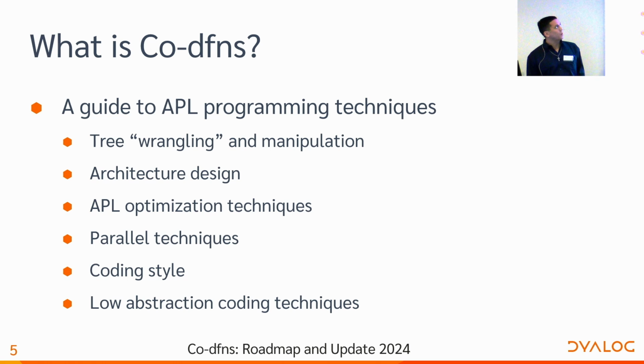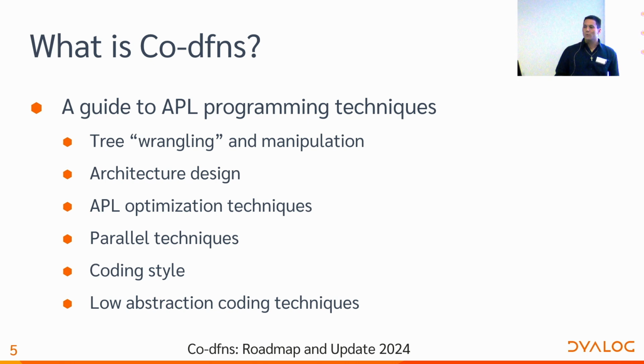For instance, it's probably the largest application heavily using this set of tree manipulation techniques in APL that I've been spending a lot of time developing. And it also serves as an alternative example of architectural design, particularly of an austere type, that tries to remain really simple.